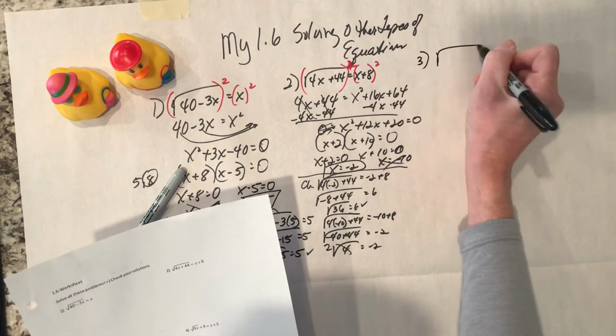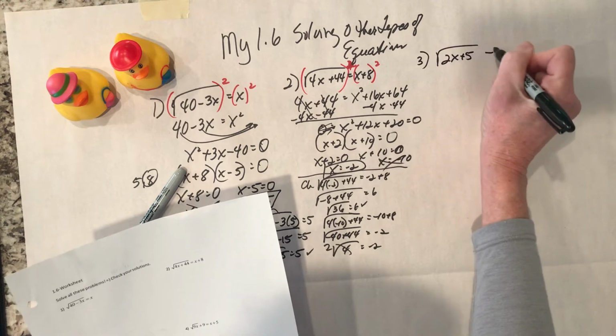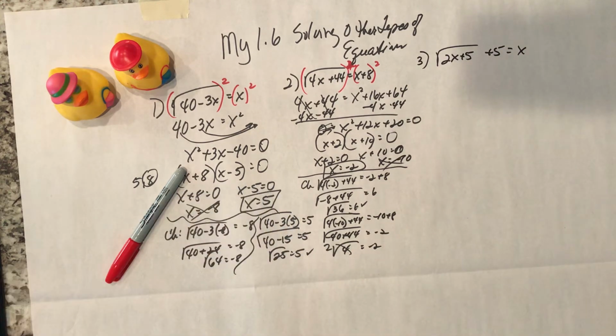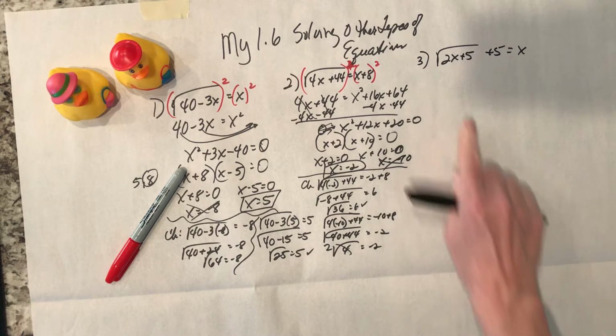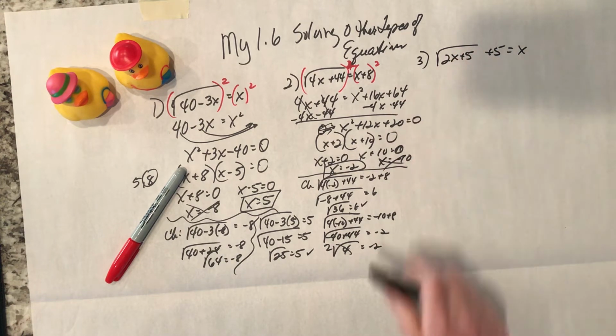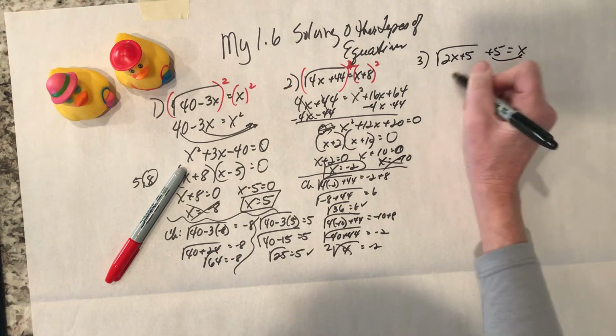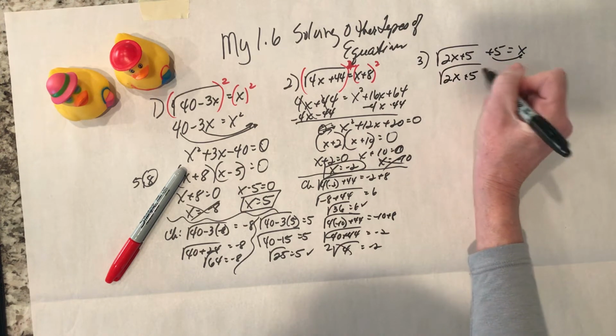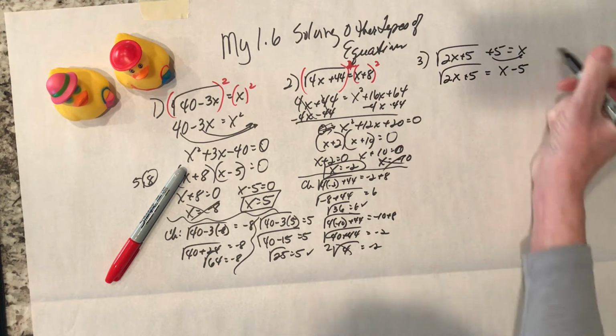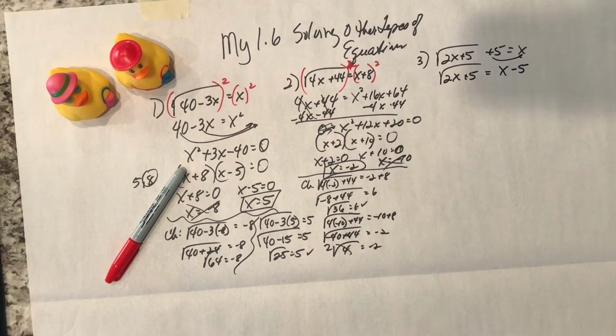Number 3, square root of 2x plus 5 equals x. This is the first problem here that we need to isolate this radical. That 5's got to go to the other side to start off with. So x minus 5, move him over there. Now he looks just like the previous problem.